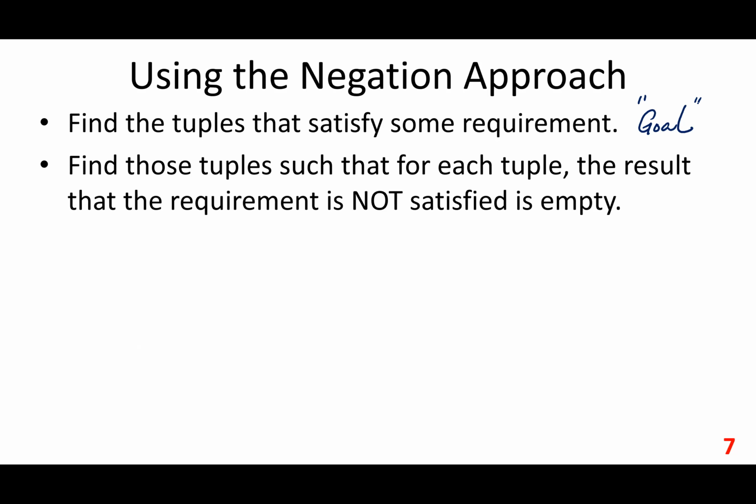So for those tuples, you describe those tuples such that for each tuple, the result that the requirement is not satisfied is empty. Yeah. So then, double negation, so the requirement should be satisfied. Okay, yeah, that way.